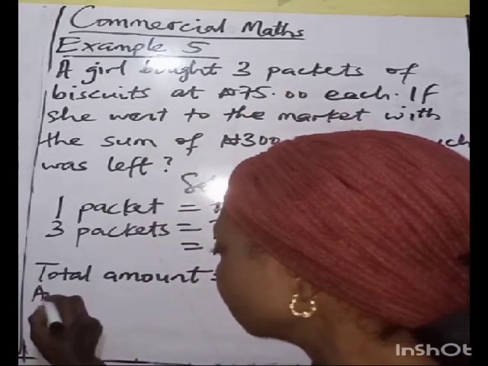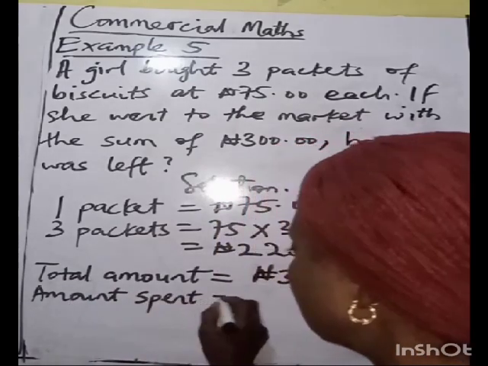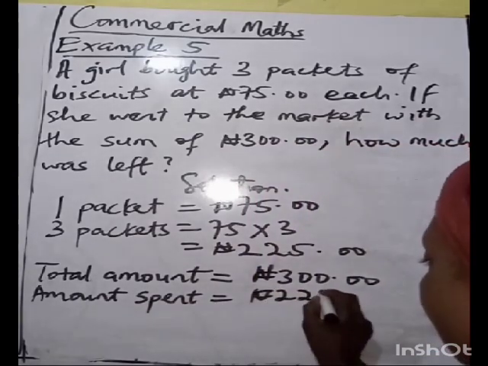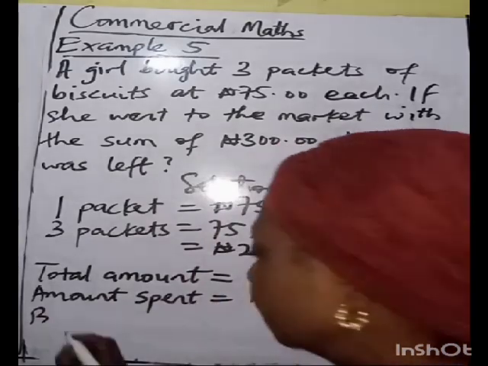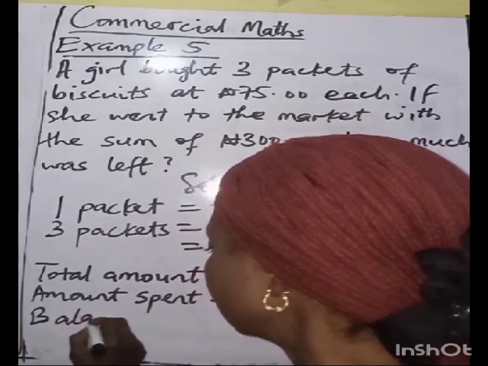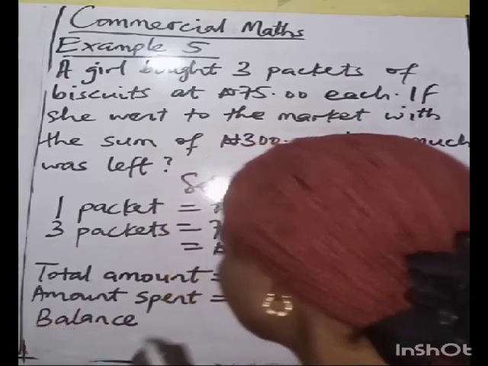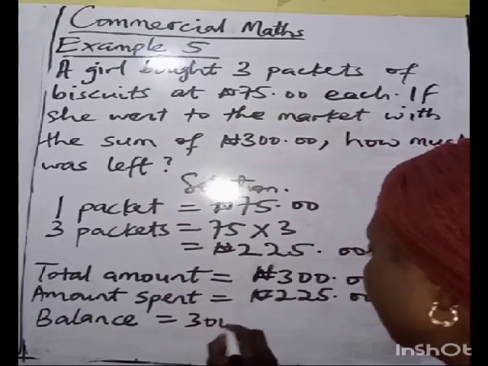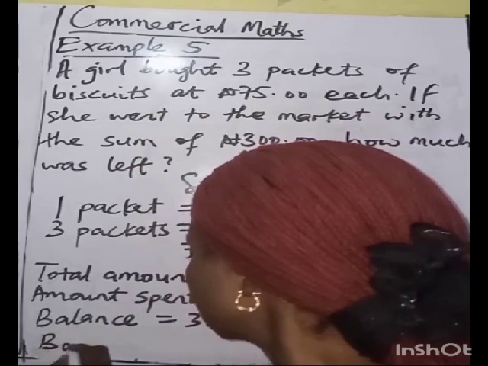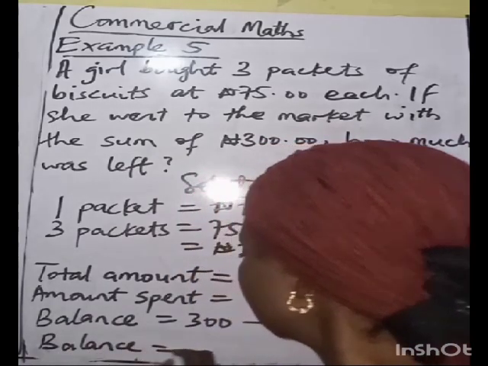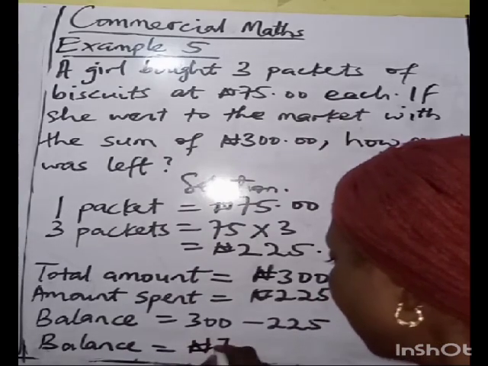Amount spent is 225 naira. And we are looking for the balance. The balance now should be 300 naira minus 225 naira. So finally, our balance is 75 naira.